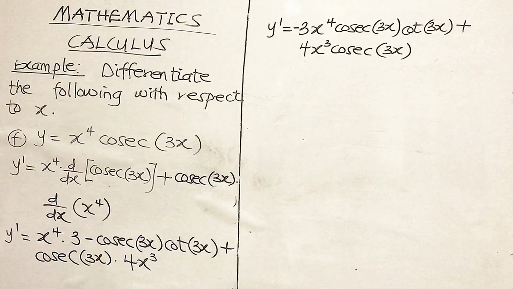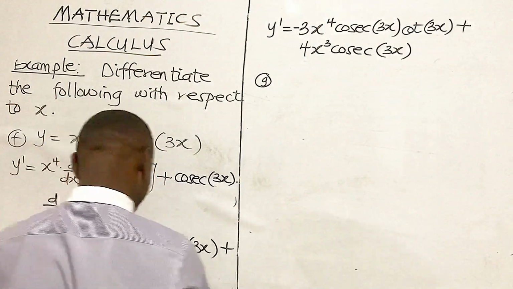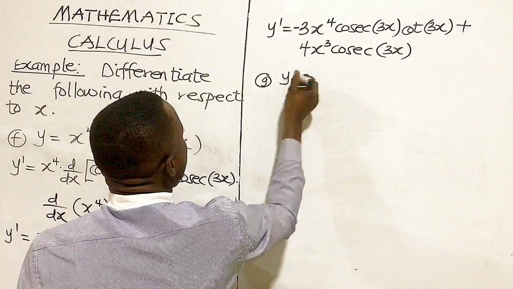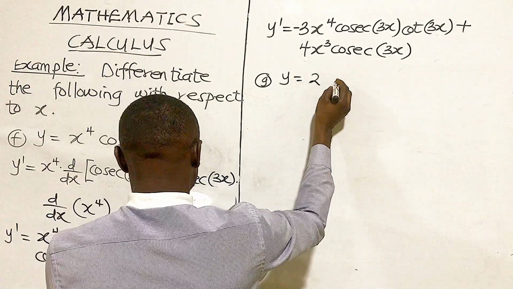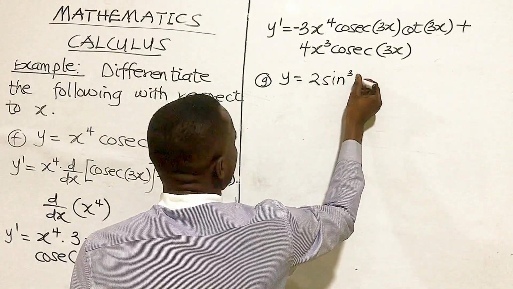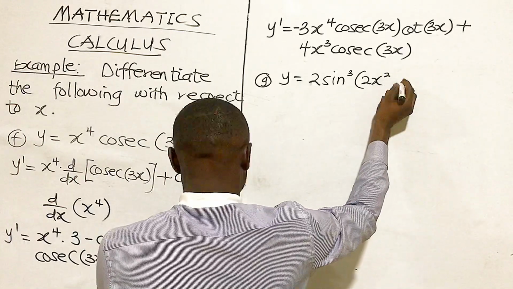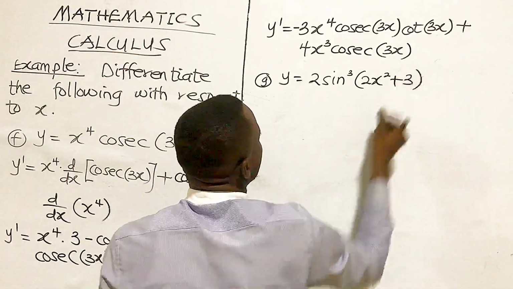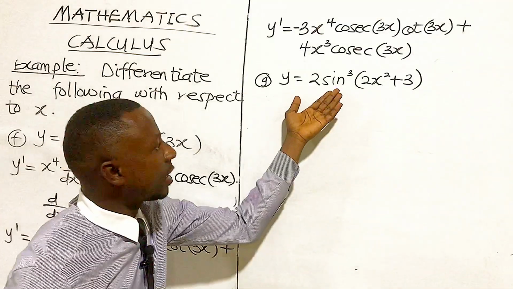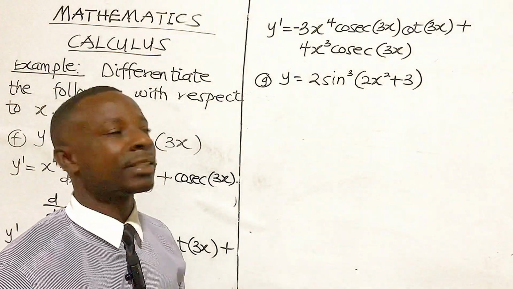The next one, J. We have y equal to 2 sine cube of 2x squared plus 3.